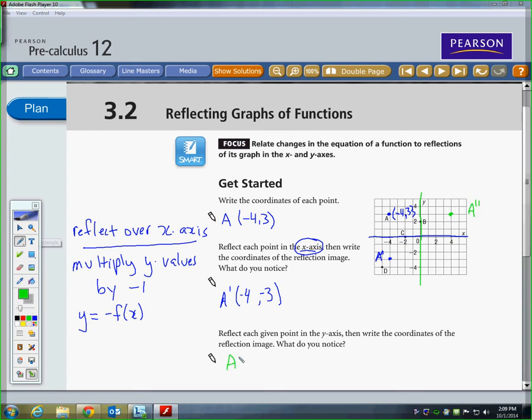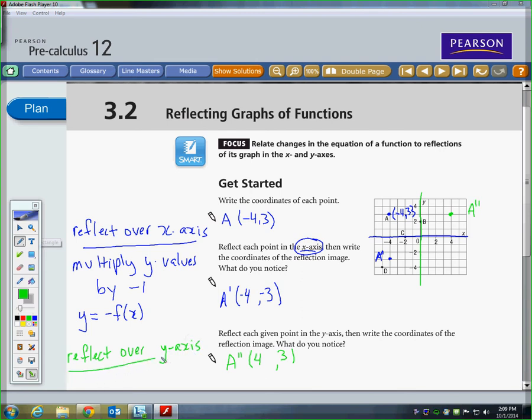Okay? And I'll label that one as A prime prime, just to keep track of it. So A prime prime. What will the coordinates of that spot be? Well, my x value is now a +4, and my y value stays the same at 3. So I'll do a similar note here. Instead of reflect over the x-axis, now I'll say, how about when we reflect over the y-axis?